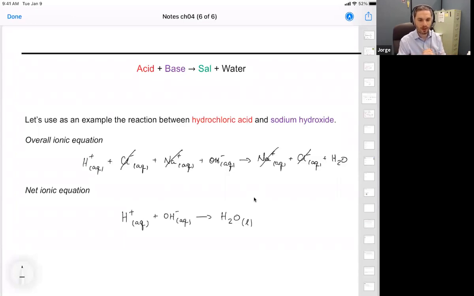So we are going to eliminate the spectator ions, and spectator ions are the ions that show up in the reagent and in the product side. So that's how you move from the molecular equation to the overall ionic equation, and finally to the net ionic equation.